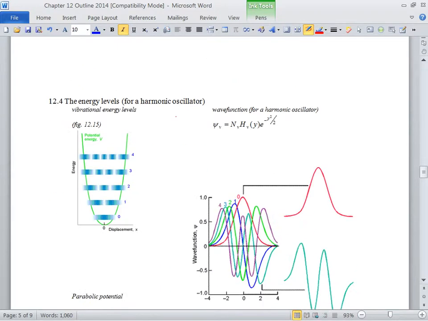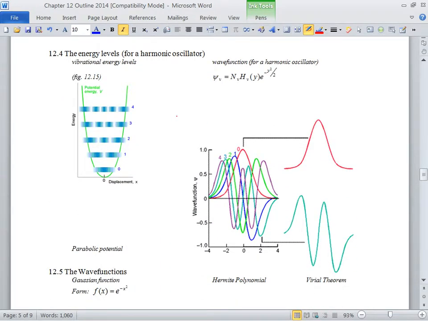Now they're giving us the equations. So V equals 0. Let's just write one. Psi 0. I think I wrote down the page numbers here.